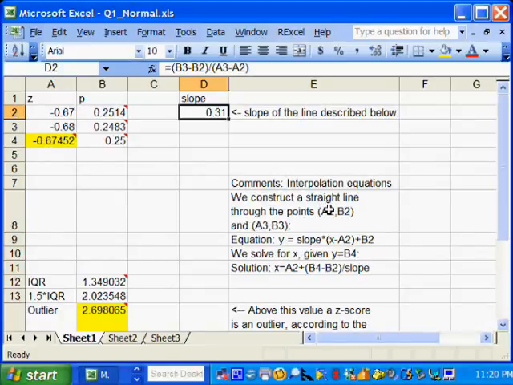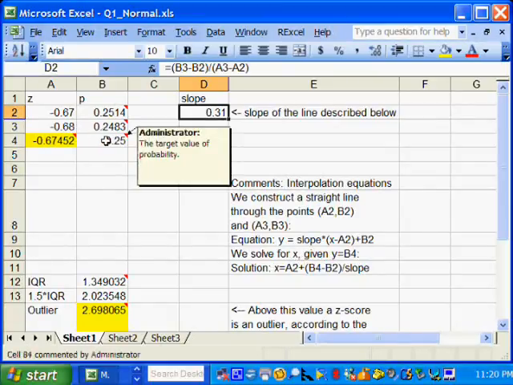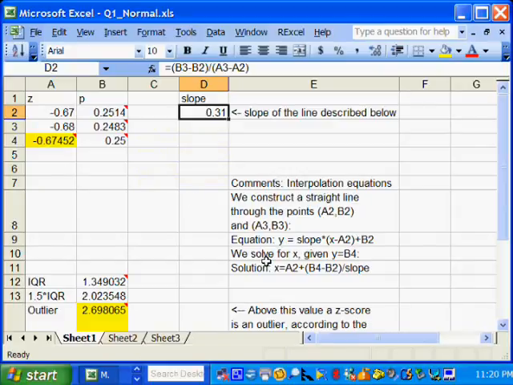So that's the slope, 0.31. Given the slope and the equation of the straight line, I'm seeking a value of x for which y is, as before, 0.25. So the solution for x, the first quartile, is obtained by solving this equation, and as you see, it's a2 plus b4 minus b2 divided by the slope, which I have right here.